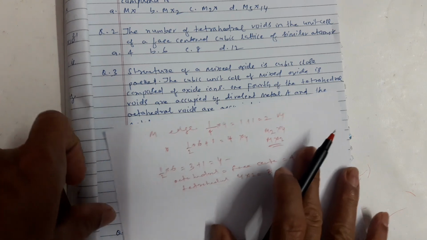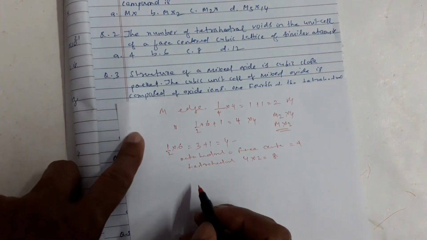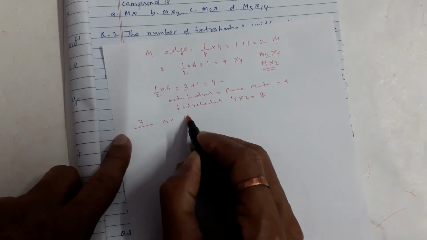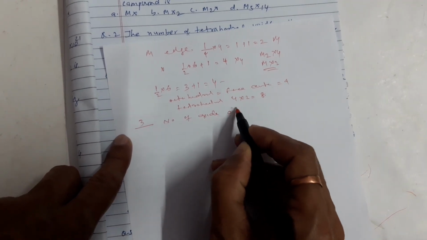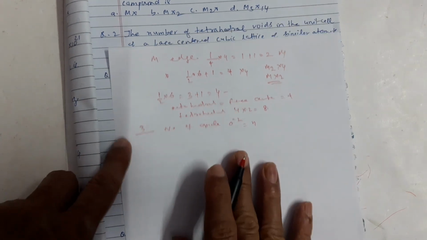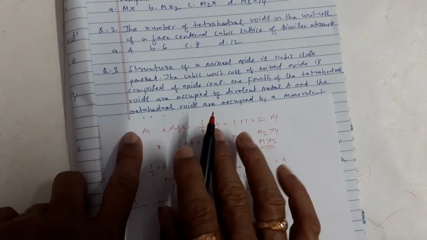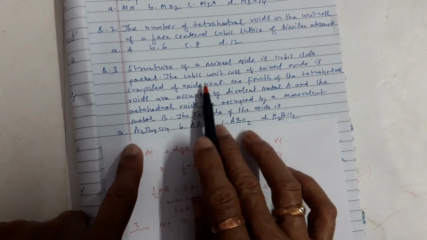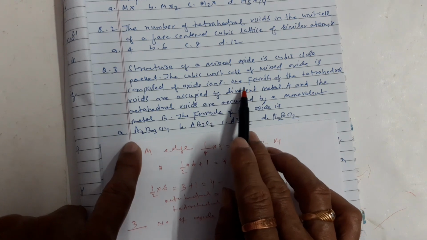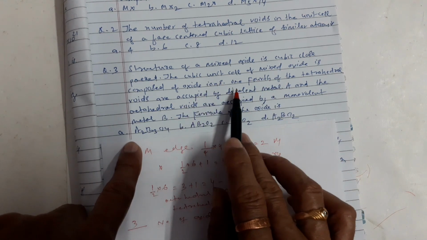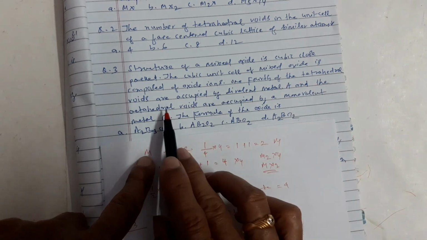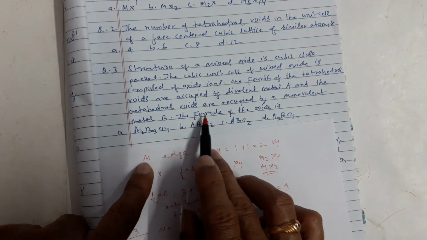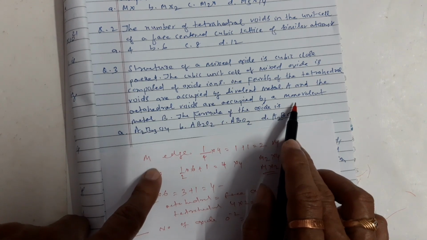Question number 3. Whenever you take the oxide, let the number of oxide O minus 2 be N. Then, what is given? 1/4 of the tetrahedral voids are occupied by divalent metal A, and the octahedral voids are occupied by a monovalent metal.